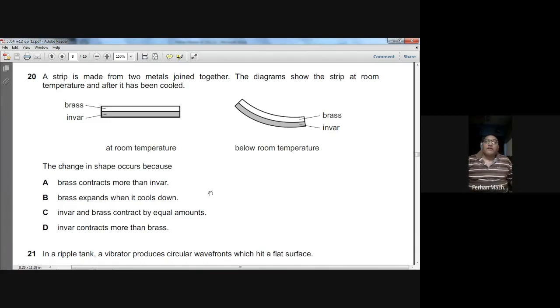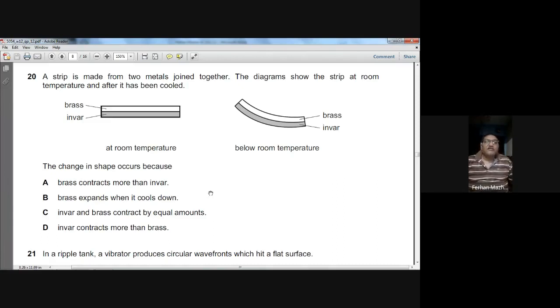Why did it bend upward? Because the brass has contracted more as compared to iron. That's why it bended upward. The brass is contracting more and the iron is contracting less on cooling.